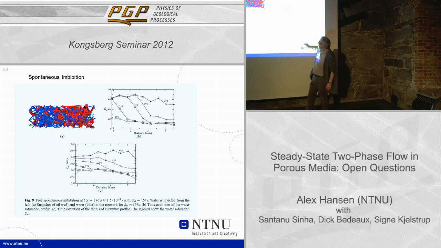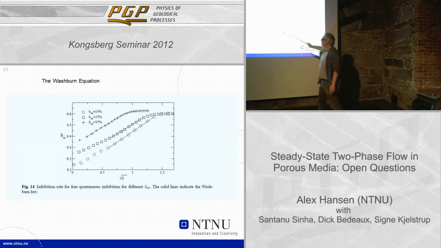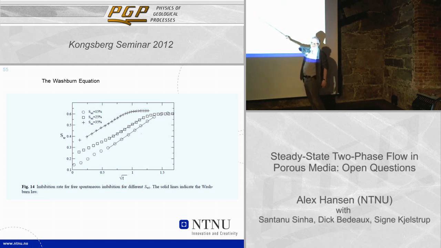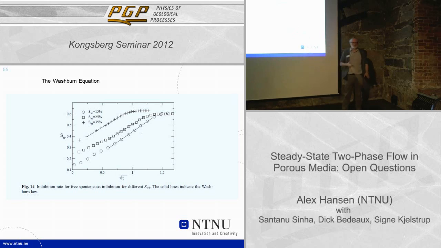And you find, for example, let me just go to the next slide right away, that the amount of wetting liquid in the tube goes like the square root of time, which is the Washburn law, for example. So these are classical things that have to be there for us to believe the model. And then when it's all in place, we'll use it for new studies. But that's beginning work. So let me stop right now.